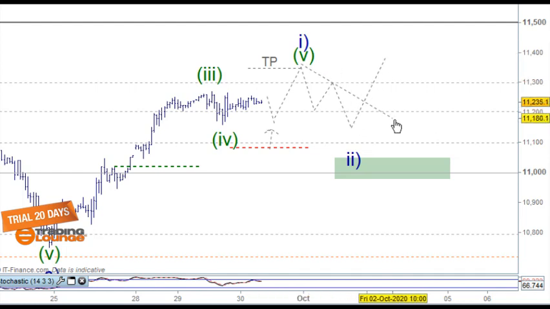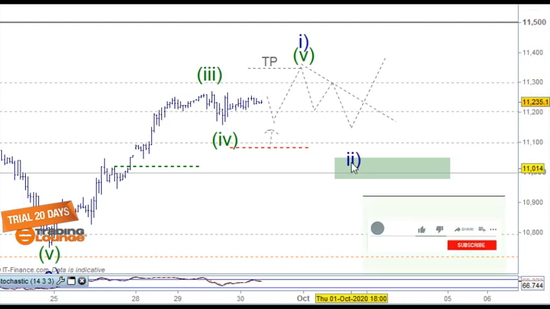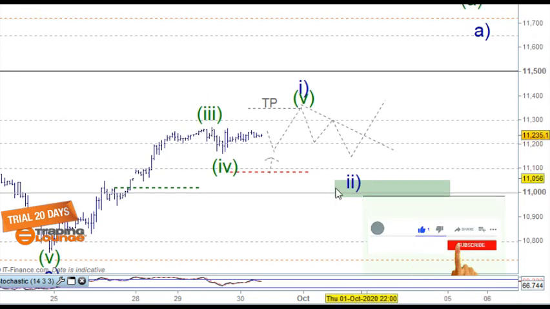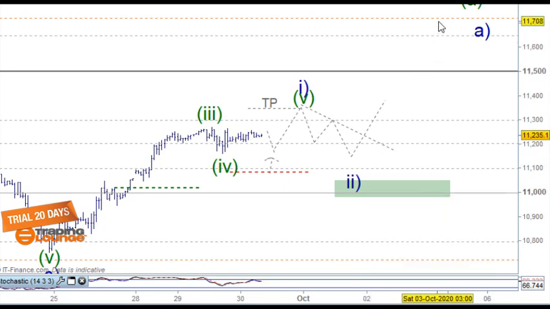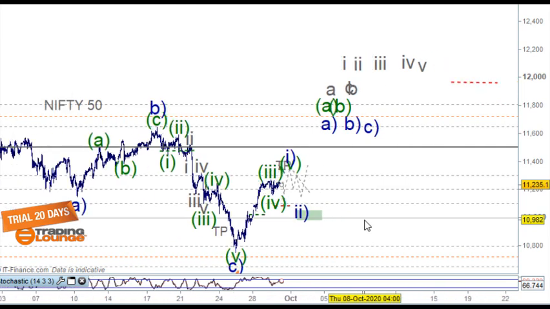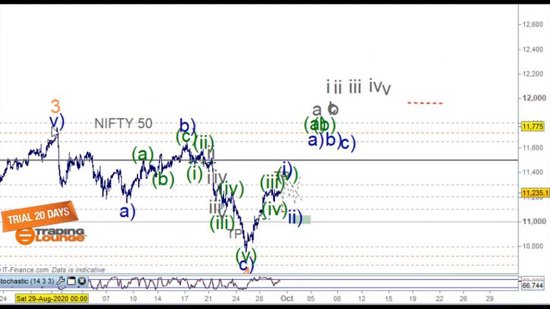So in some way we need to find a way in to this move here, because this wave 3, this wave 2, this wave 3 that's coming into play here should be longer than wave 1 here. So that will take us higher. Obviously we're going to be going above wave 3 here.